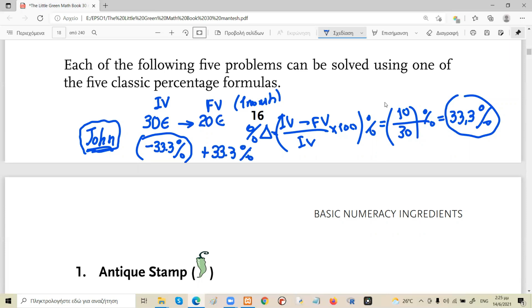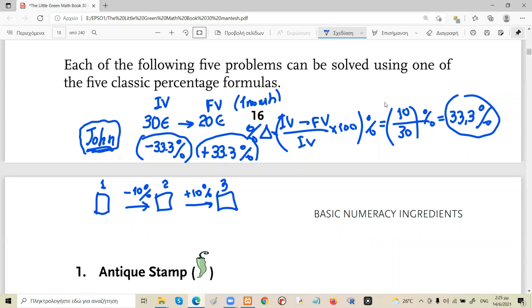And if it goes up by the same amount, it will go back to the previous value. Is that correct? For example, if I have a stock and I lose 10% on that stock, I have a value 1, then a value 2, and then it increases again by 10%, and we have a value 3.